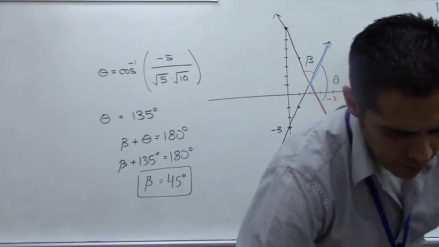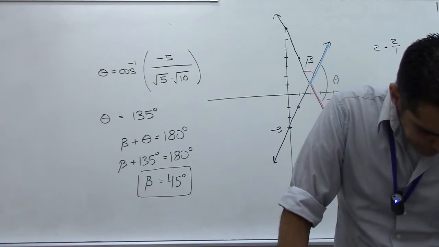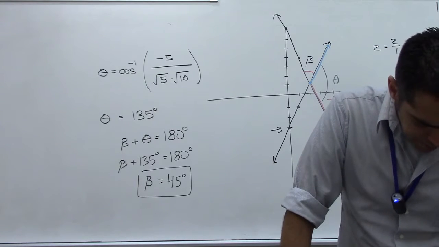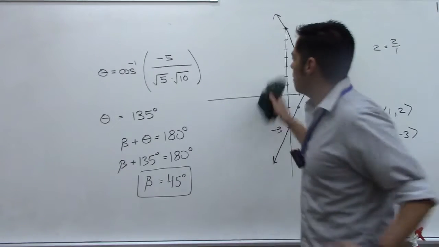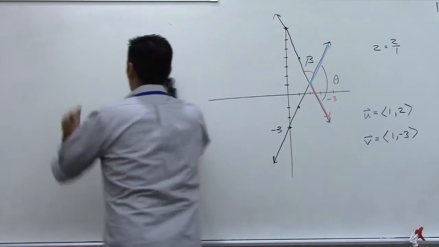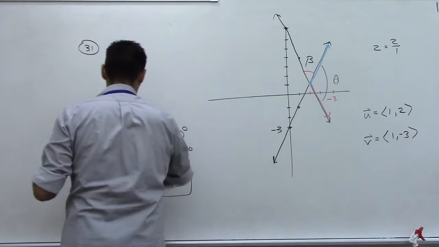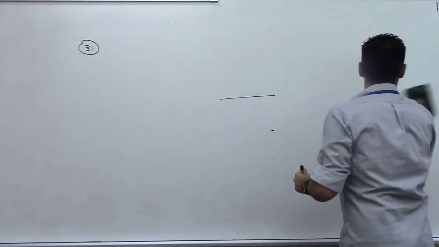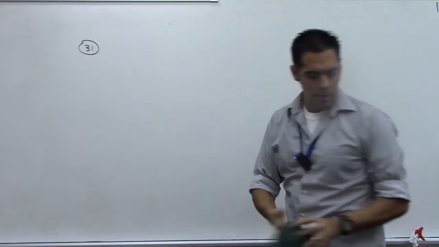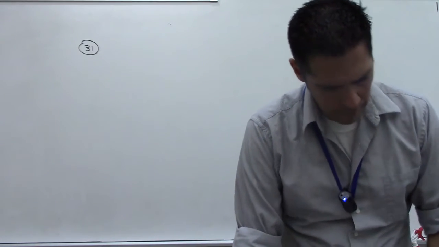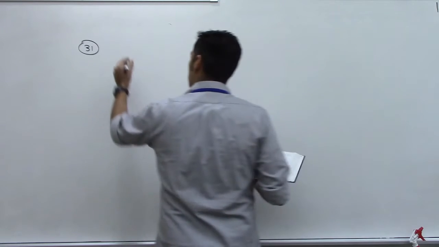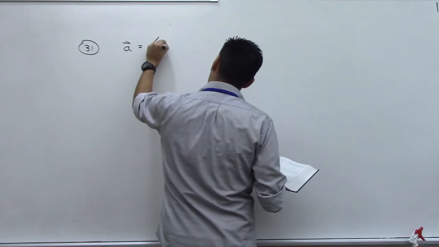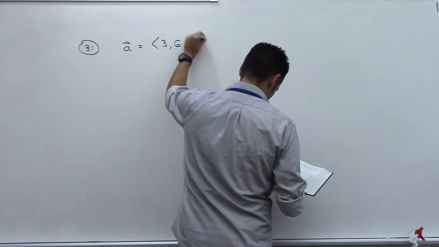All right, so what else do we have on our list here? 31. Find the scalar and vector projections of B onto A. So for 31, they give you a vector, vector A, which is 3, 6, negative 2.